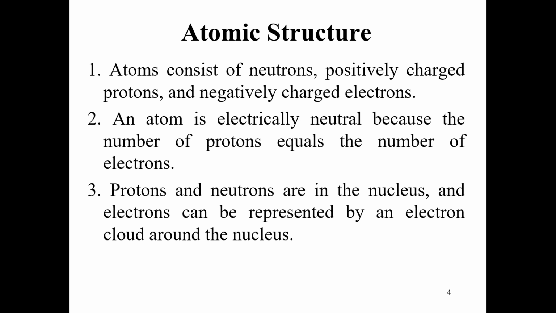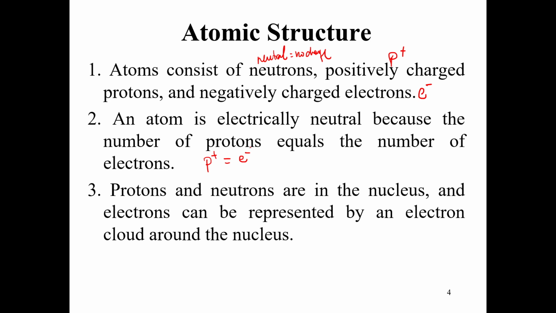So let's talk about the atomic structure. Atoms consist of neutrons, which are neutral in nature. When we say neutral in nature, there is no charge. You have positively charged protons and negatively charged electrons. An atom is usually electrically neutral because the number of protons equals the number of electrons.